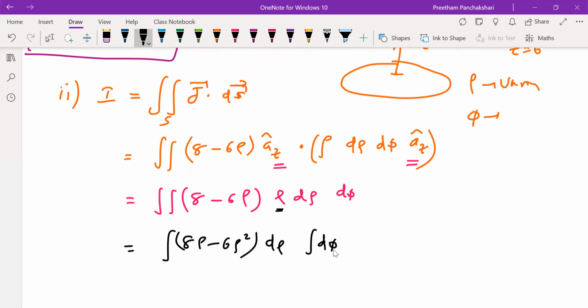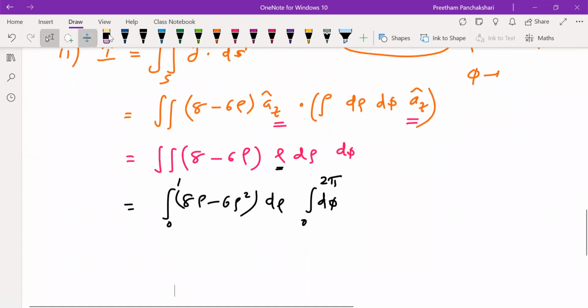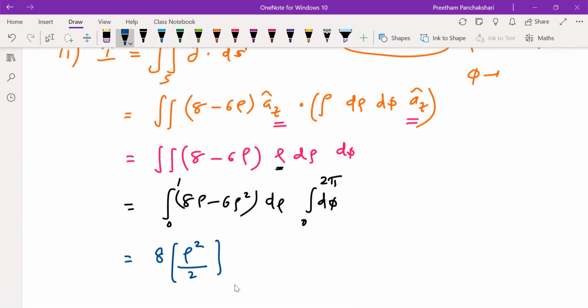The second one is with respect to phi, limits 0 to 2 pi. This is 0 to 1. So the integration of 8 rho becomes 8 rho square by 2, limits 0 to 1 for the first term.